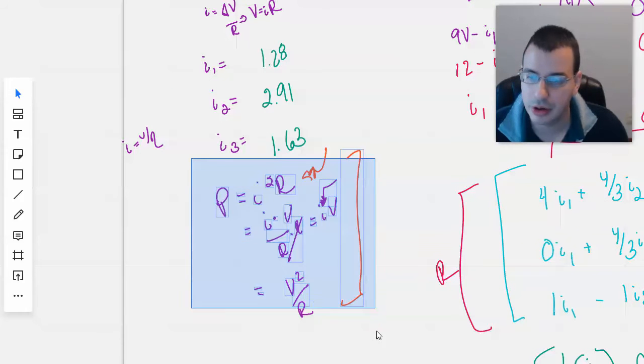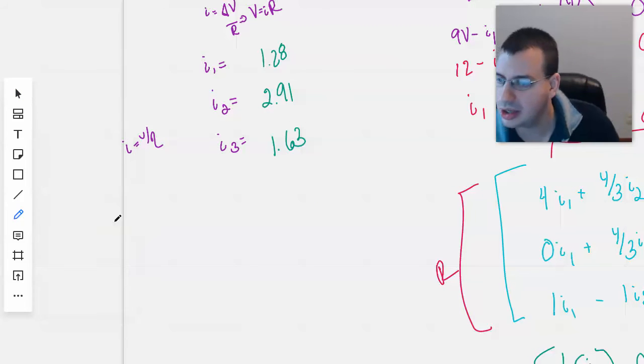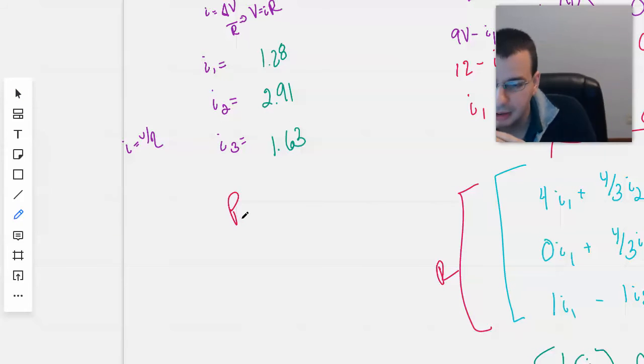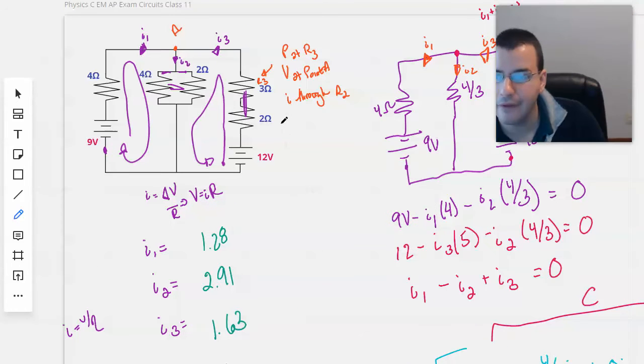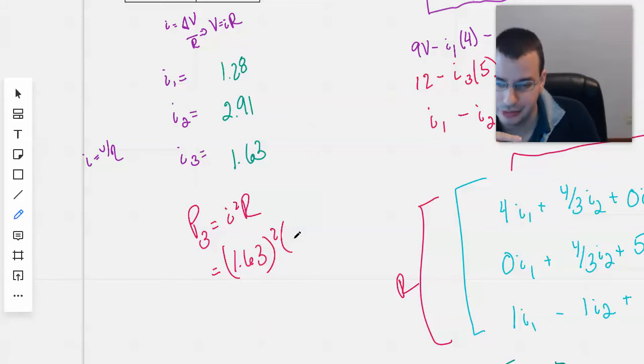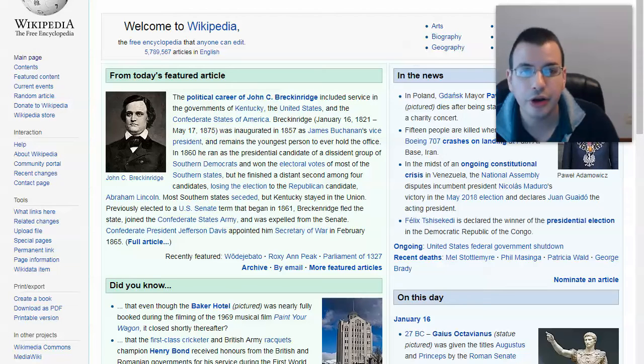Erase this. We got an I squared R. Power at 3 equals I squared R. We know that the current at 3 is 1.63. We'll square that and multiply it by 3, because it's a 3 ohm resistor, which is, go over to Wolfram.